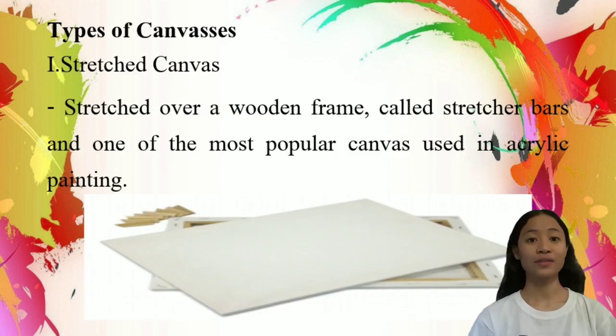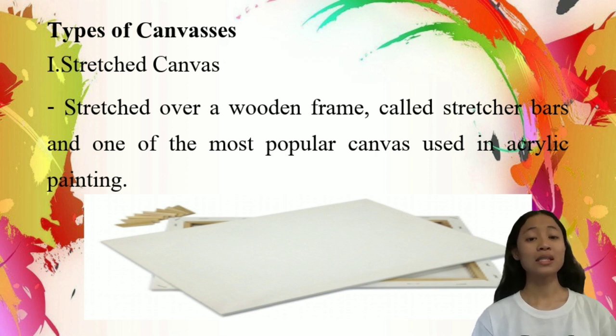So, let's talk about the four main types of canvas. First type of canvas is the stretch canvas. From the word itself, the canvas is stretched on wood, which is called the stretch bars. This type of canvas is usually used in acrylic painting, and it is mostly made of cotton.